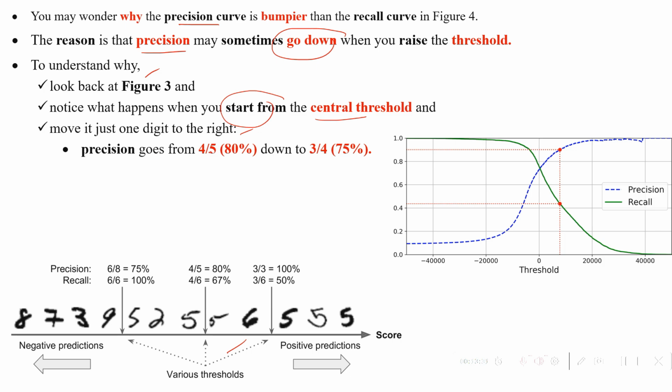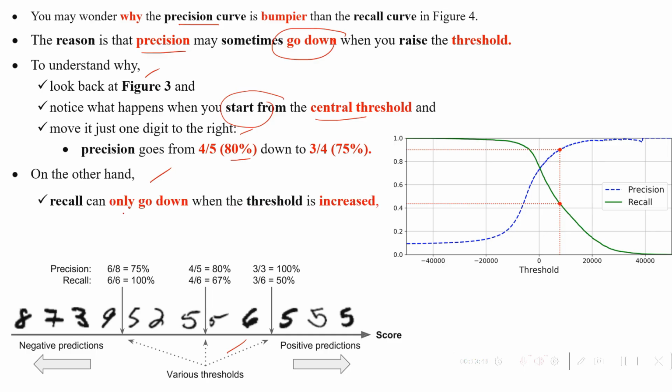Precision goes from 4 by 5, that is 80%, down to 3 by 4, that is 75%. On the other hand, recall can only go down when the threshold is increased, which explains why its curve looks so smooth.